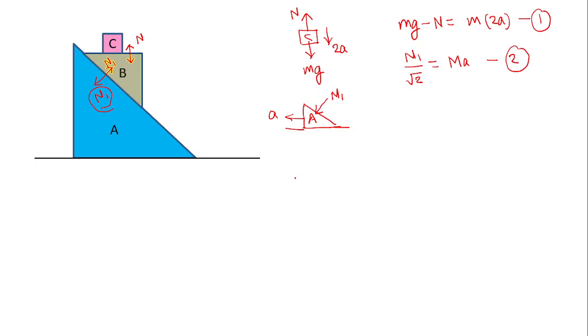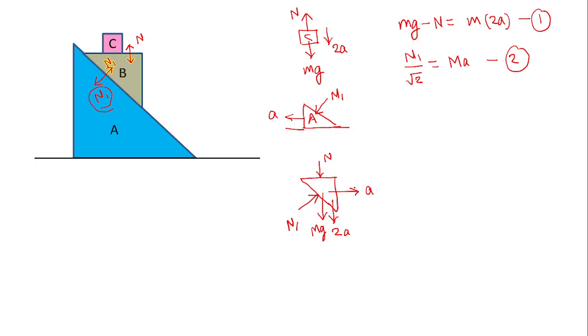Now, let us come to the block B. This is block B. We have already seen that its horizontal acceleration is a and vertical acceleration is 2a. We have already seen that in the previous derivation. Now, see what are the forces acting on it. Forces are N1 in this direction normal, N due to the block on the top, and Mg downward due to its own weight.